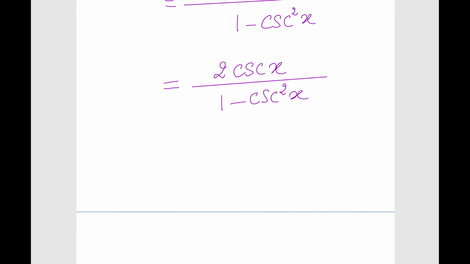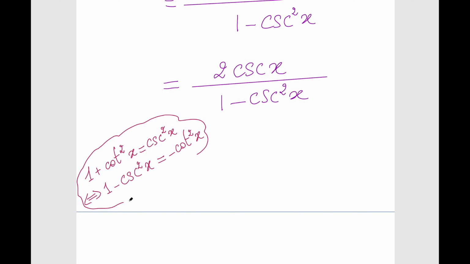So we know that 1 plus cotangent squared of x is equal to cosecant squared of x. Let's subtract cosecant squared and cotangent squared. So we get 1 minus cosecant squared of x is equal to negative cotangent squared of x. They're the same thing, right? I moved this guy to the left side, and I moved cotangent squared to the right side, and we get this.